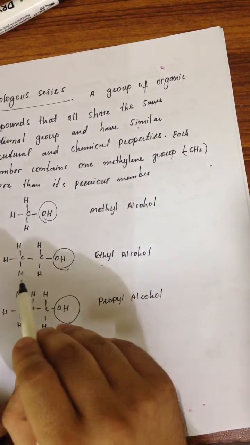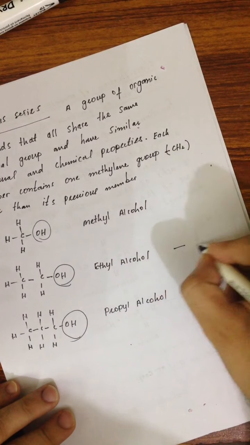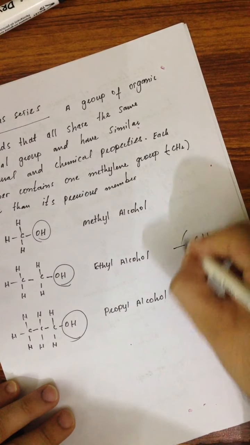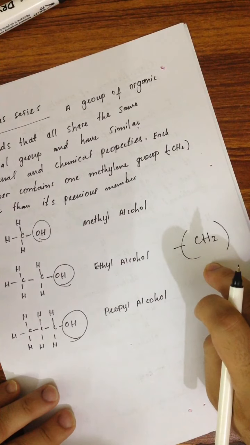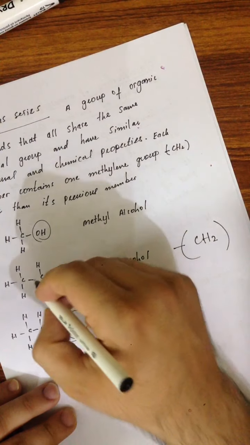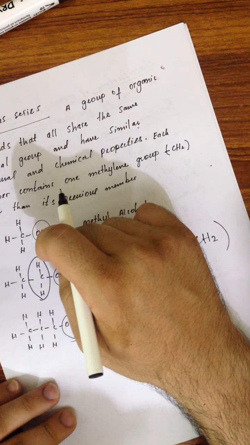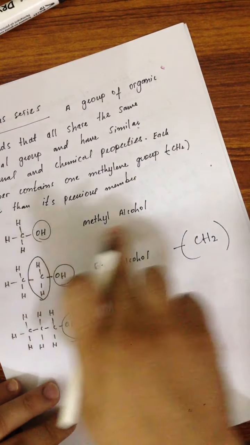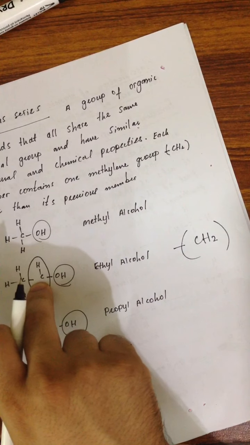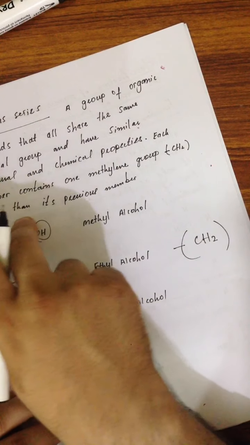Each member of the homologous series has an additional CH2 group, which is called the methylene group. For example, in this case we have an extra CH2. Now methyl alcohol doesn't have this extra CH2. That is why it has only one carbon atom and 3 hydrogen atoms.